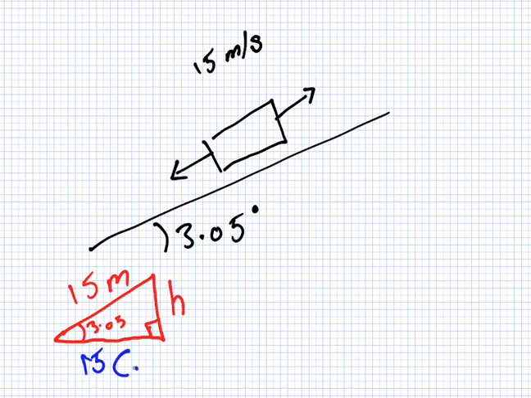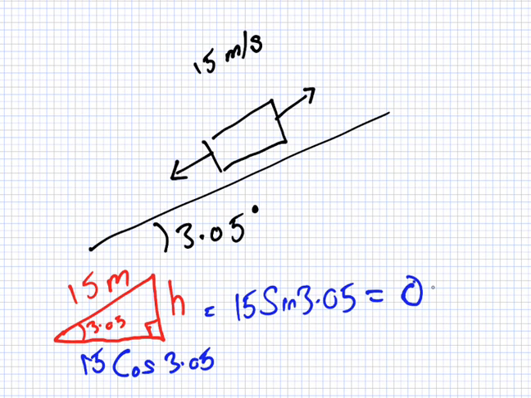Cos. Yes, this is cos. And then the one that we want is 15 sine. So on your calculator, what's 15 sine 3.05? 0.8? It's really small then. Well, 80 centimeters. No, that's okay. 0.8 meters.